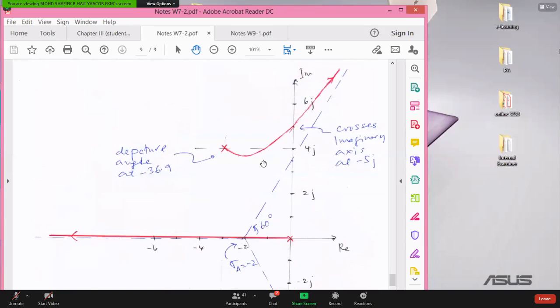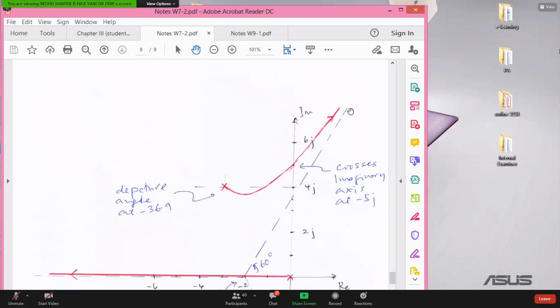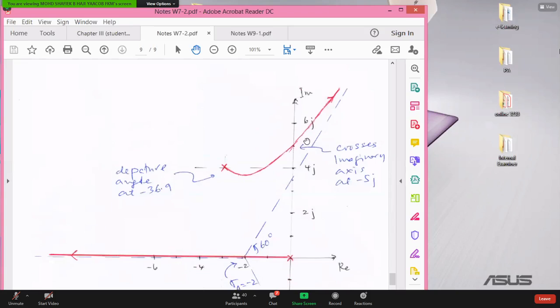But somehow this is going to turn around and approach the asymptote line. It's going to cross the imaginary axis.